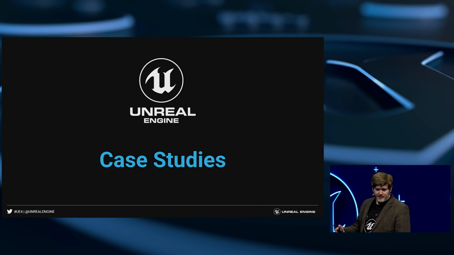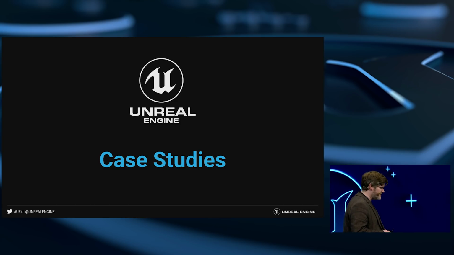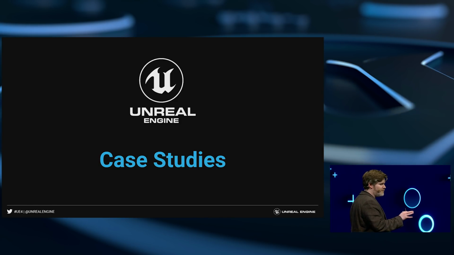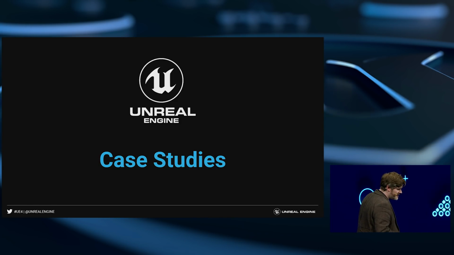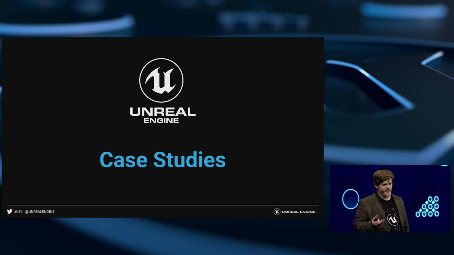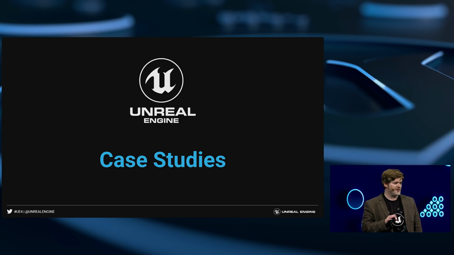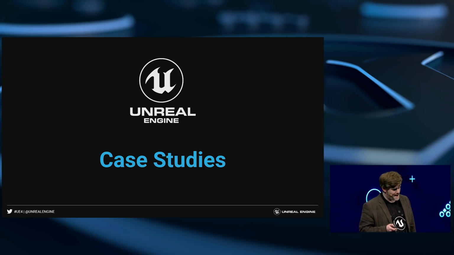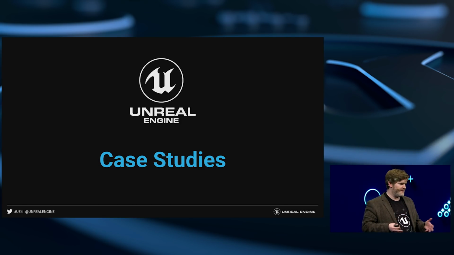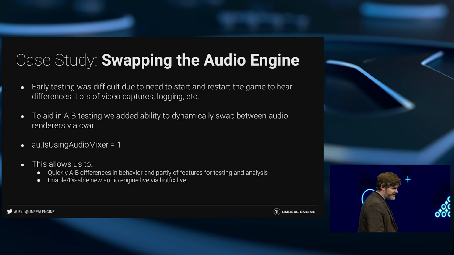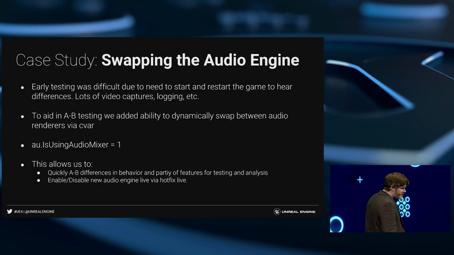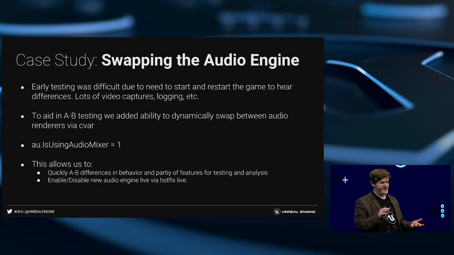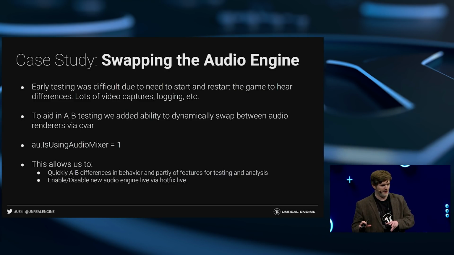So what I want to talk about next is a couple of interesting case studies, just problems we ran into while testing the new audio engine on Fortnite. I thought it would be interesting to go into detail just a little bit to give you an idea of the kinds of problems that as an audio engine team we wanted to solve. So the first one, for example, is how we A/B test Fortnite with the new audio engine and without the audio engine.